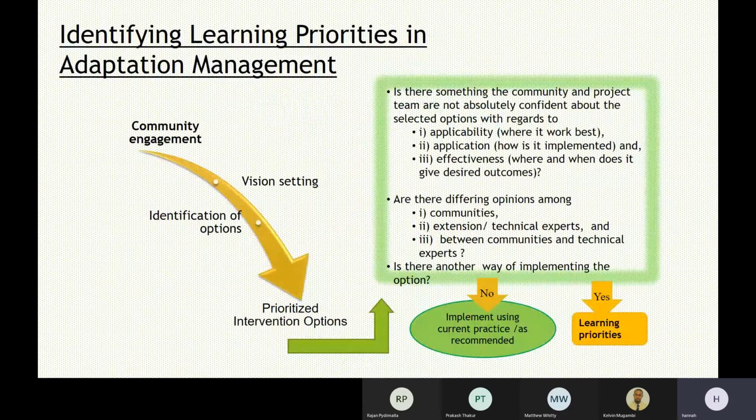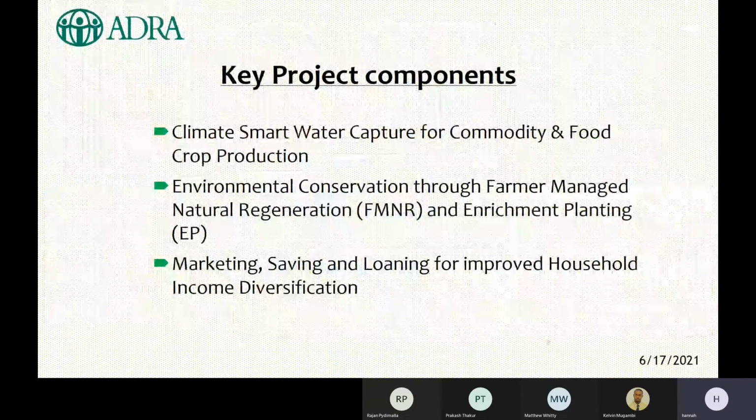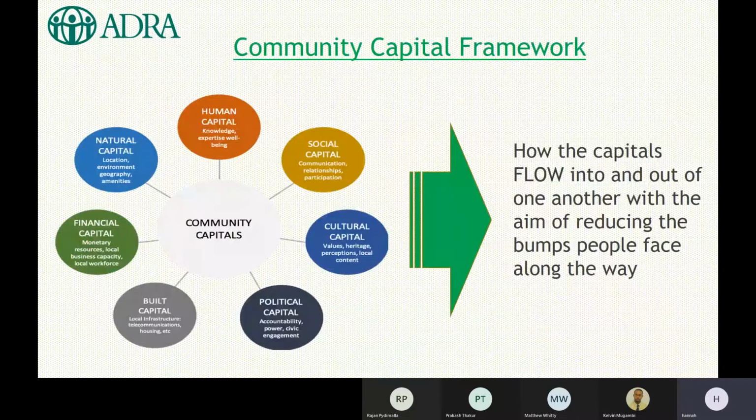So this is my presentation of the lessons, and just to finish it up, we get to see that indeed community capital is very important for community resilience and even for learning purposes, because when we talk about resilience, it's about evidence-based learning.